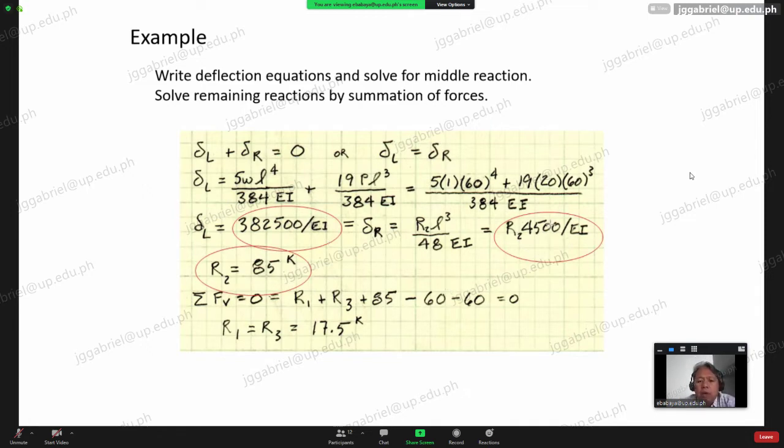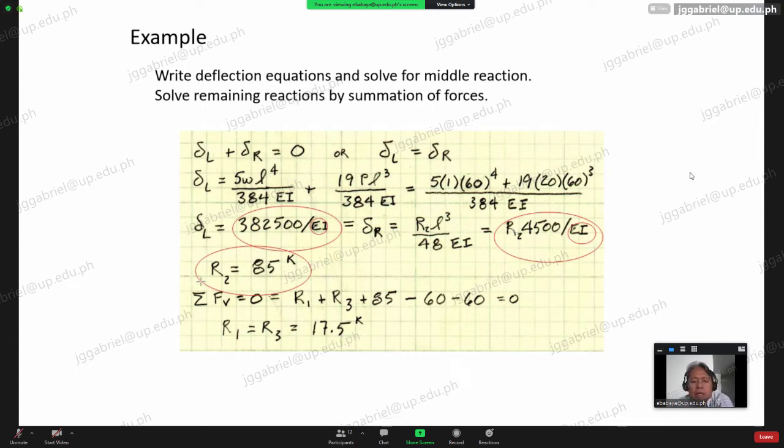So if you equate the two, you'll just cancel EI and EI. So R2 will then be 382,500 divided by 4,500. If you have a calculator, you can operate that. 382,500 divided by 4,500, you should get 85 kips. And then you know already the value of R2.